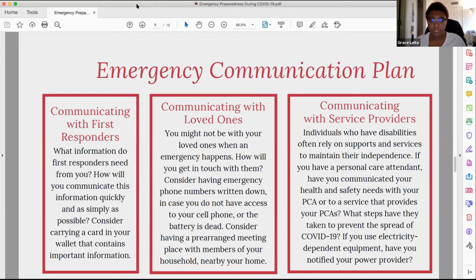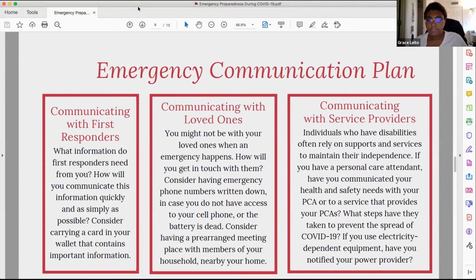Sometimes you may not always need a PCA, but when planning for an emergency, you need to assume that it will be one of your bad days for your condition, like the lowest form of mobility and things like that, because you need to prepare for the worst and make sure that you have a way to mobilize and a way to get out of that emergency when you need to.